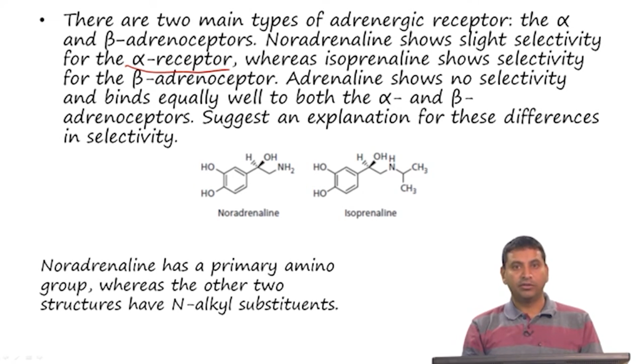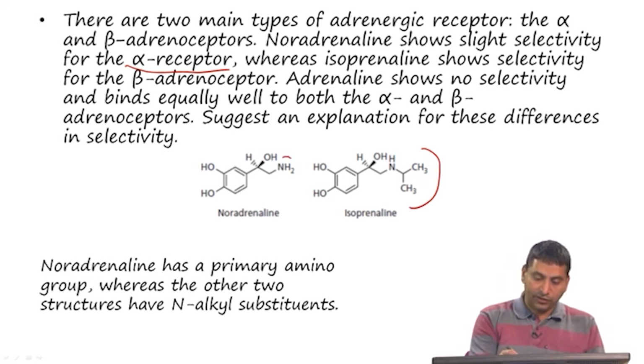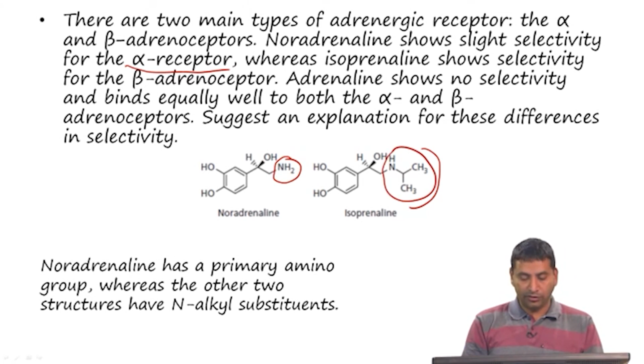Suggest an explanation for these differences in selectivity. Here is the structure of noradrenaline and here is isoprenaline. As you can see, one has an NH2 group, whereas the other has an isopropylamine as the functional group. That is the only difference between these two molecules.